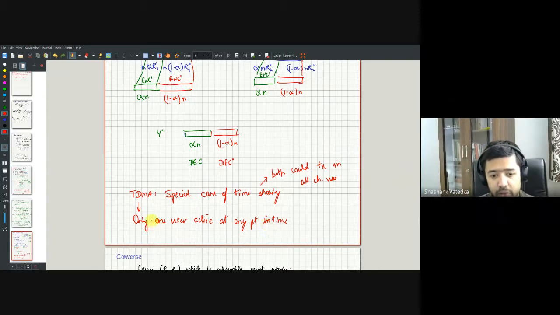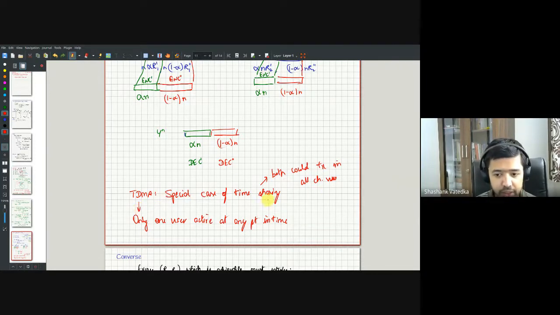Right? So this is one specific instance of time sharing, which is one particular scheme where for maybe alpha n channel uses, one user talks, whereas the other remains silent. And for the remaining channel uses, the second user talks while the first user remains silent.